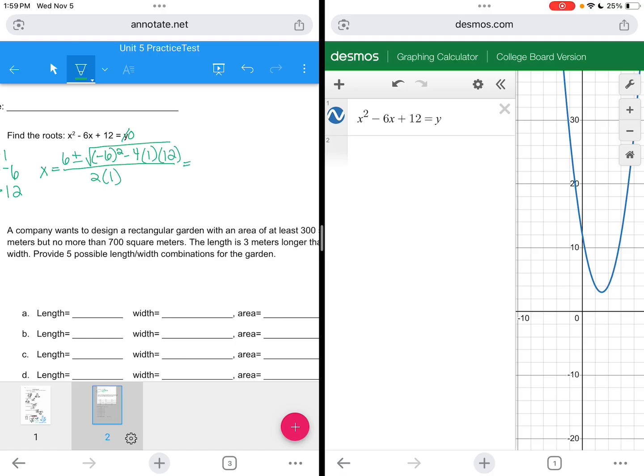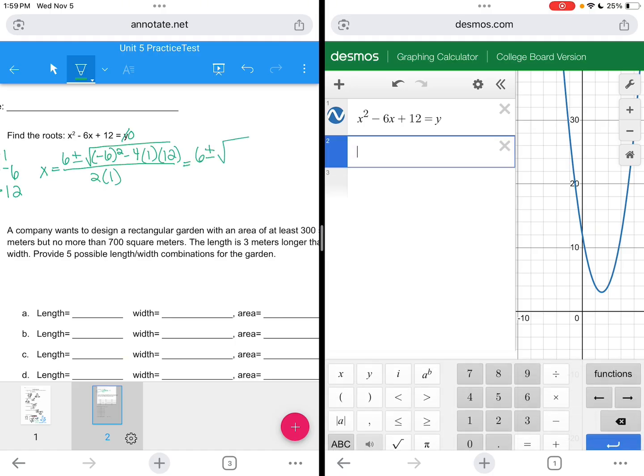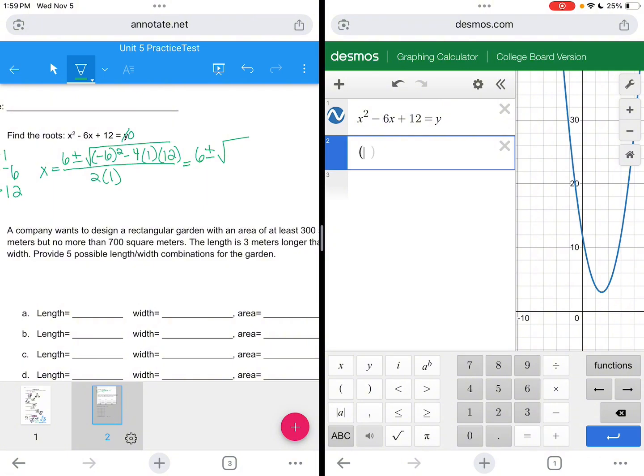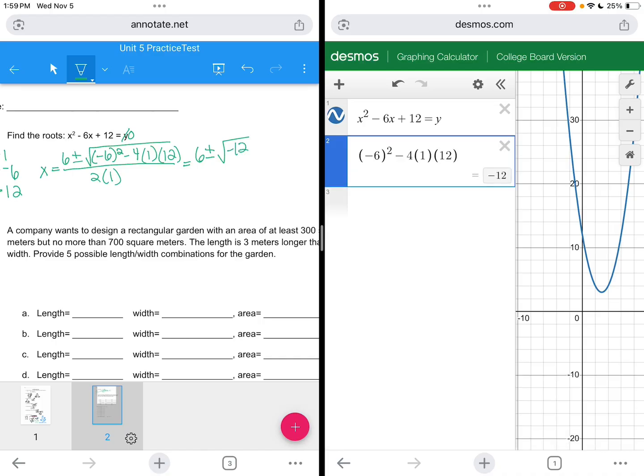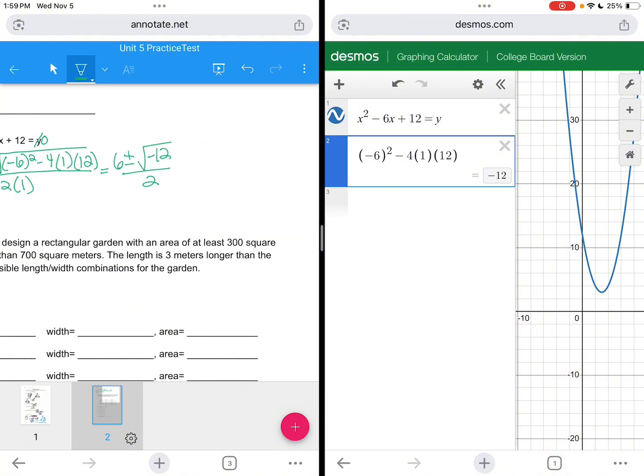So we're going to get 6 plus or minus the square root of -6 squared minus 4 times 1 times 12, which is negative 12. So I know that that's really just going to be 6 plus or minus i root 12 over 2.